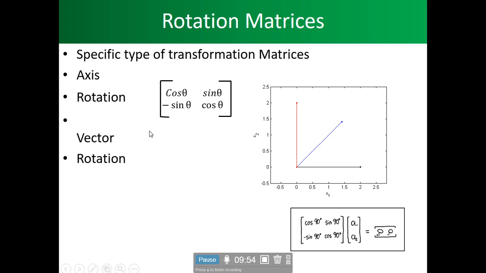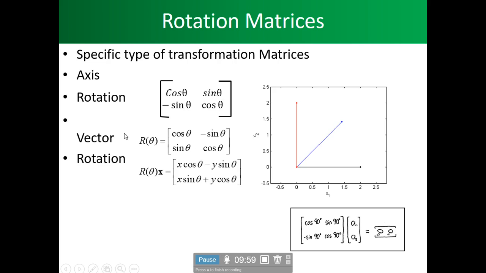Now we want to also talk about not just rotating of the axes, but also of the vector. When we rotate the vector versus rotate the axis, as you can see, we still have cosine, sine, cosine, sine, cosine, sine.